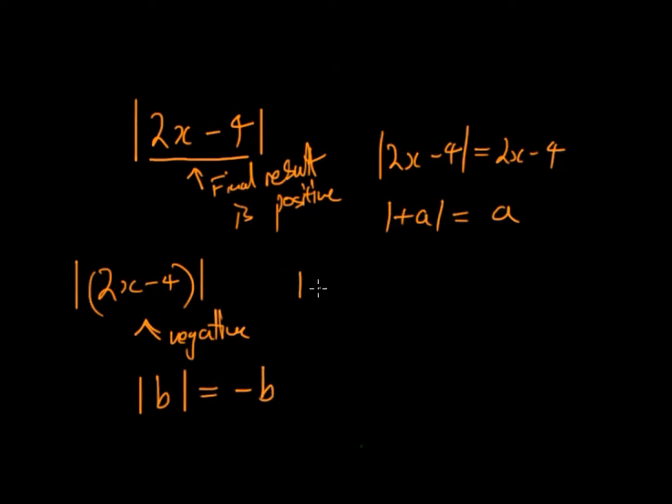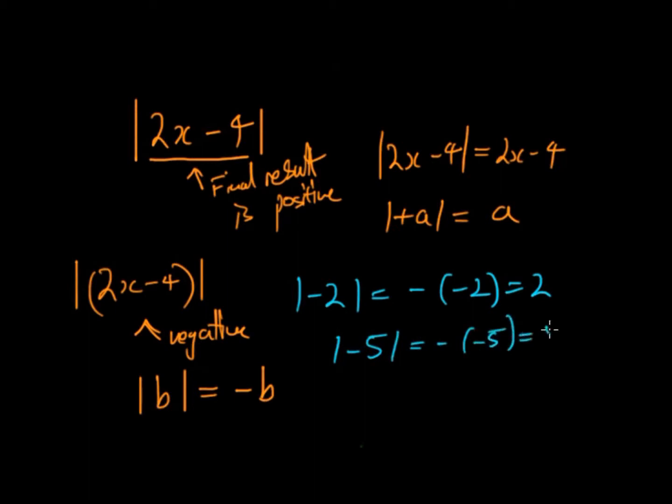You can think about that as, if you have an example, modulus of negative 2, that is equal to negative negative 2, which is equal to 2. And that's because a negative and a negative make a positive. So if b is a negative number, then negative b will just give you positive b, or the modulus of b, the magnitude of b. Another example, modulus of negative 5 would equal negative negative 5, which would just equal 5.